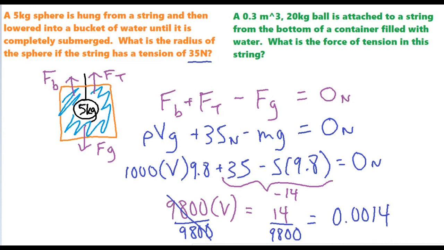We know that our volume is 0.0014. So what we can do is take 0.0014 and set that equal to the volume of a sphere.